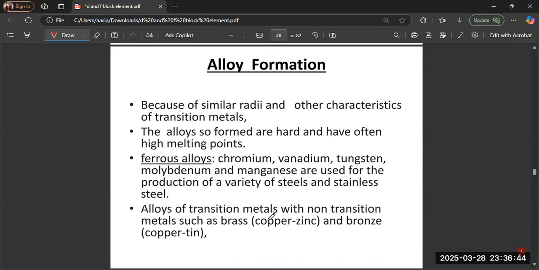Transition metals also form alloys. Because of similar radii and other characteristics of transition metals, the alloys so formed are very hard and often have high melting points, like ferrous alloys with chromium, vanadium, tungsten. These are used for the production of a variety of steels and stainless steel.